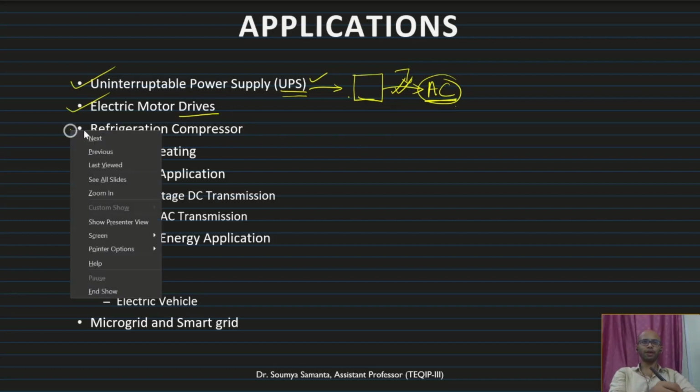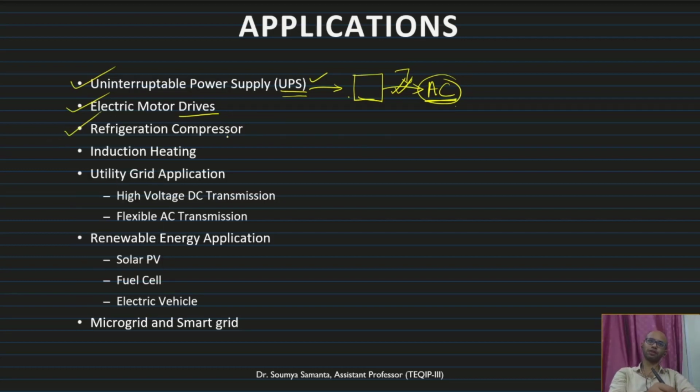Other applications are refrigerator compressors, which require AC, and induction heating. In induction heating, the frequency required is quite higher than the supply frequency. Therefore we need to convert from the supply frequency to DC and then DC to a higher frequency AC. So in between we require an inverter.